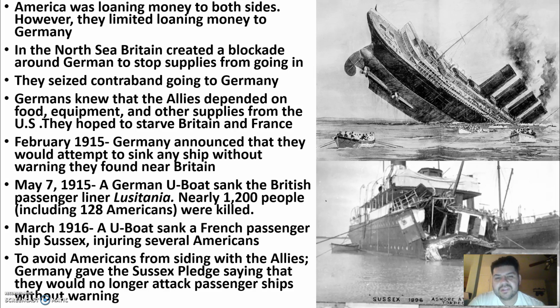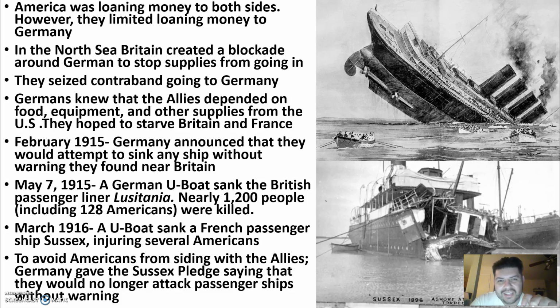All right, so here's the thing. America was actually loaning money to both sides, the Allies and the Central Powers. Now, that came to a halt for the Germans because the Treasury Department head here in the United States was pro Britain.